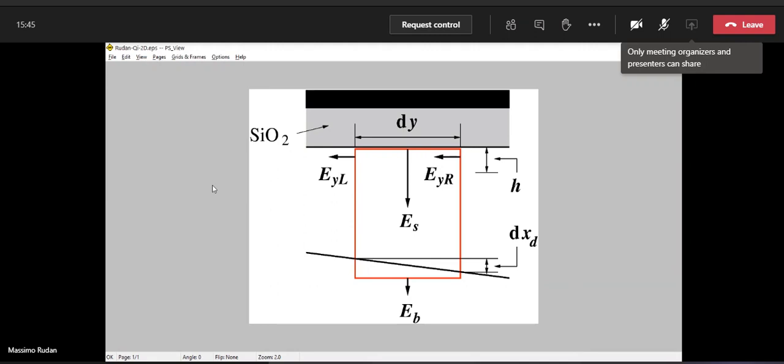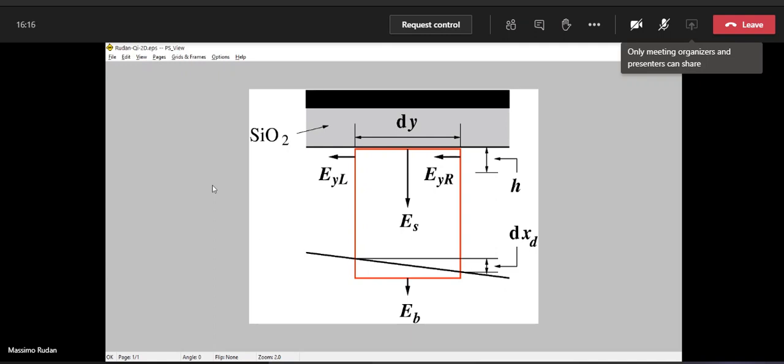The point is that the edge of the depleted region is not horizontal anymore when we have a current flowing through the device, because due to the application of the drain to source voltage, we also have a lateral component of the electric field.